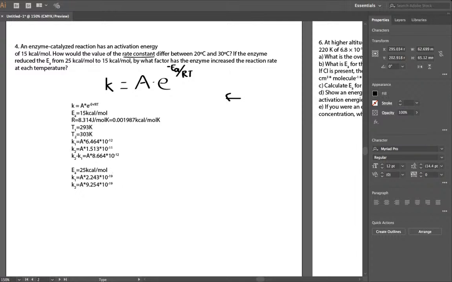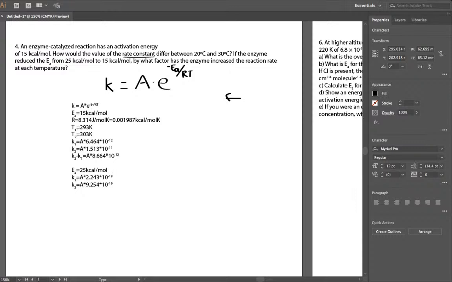So basically what I'm going to be doing is this. We'll start with e to the power of negative 15 over 0.001987, multiply that by 293, but then you add it again because that's at the bottom.